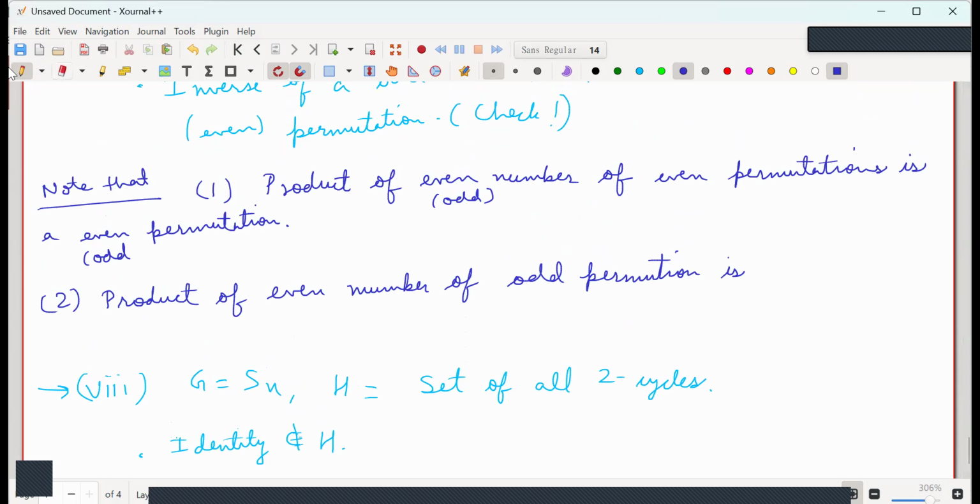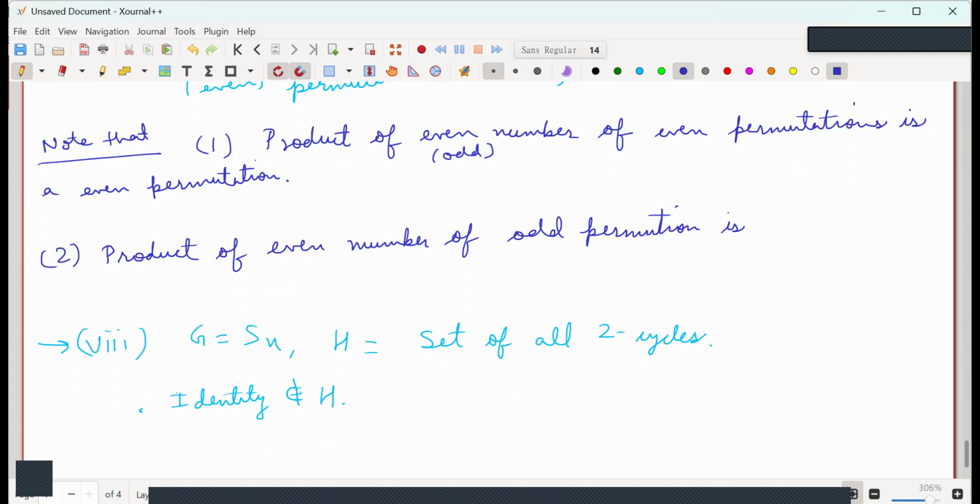Oh yes. In case of even permutations, the number doesn't really matter. Whether you take an even product or an odd number of permutations in the product, you will always get an even permutation, because products of even numbers are always even.